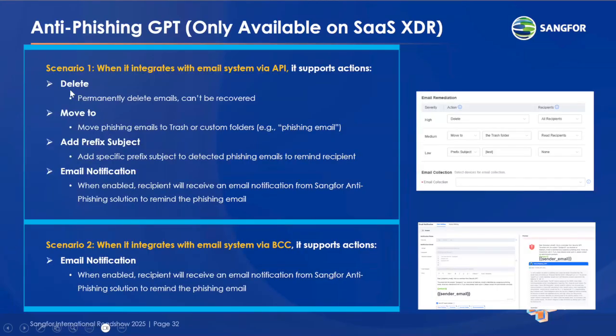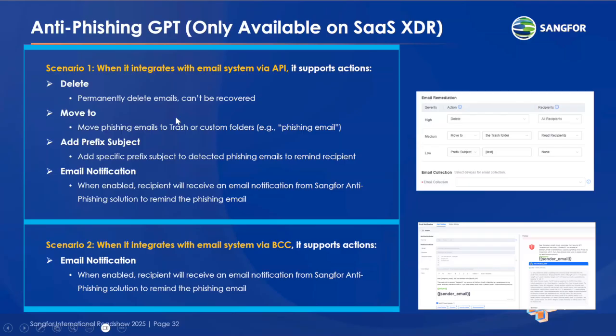Okay, and for the response, it's also very easy. We can delete the email. If you set it in our XDR, we can delete the email immediately, and then we can also move it to another directory. So we can set a directory in our XDR, and you can just roll back your email and we can move it. Also, in the email header, we can add a prefix to the subject, or we can send an email notification to say the email you received previously actually is a malicious email.